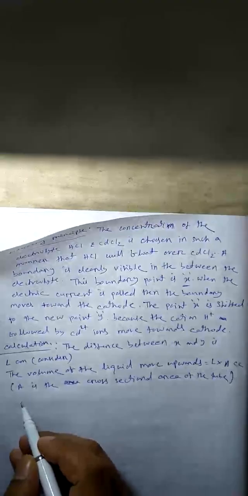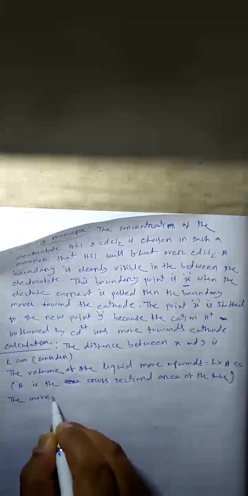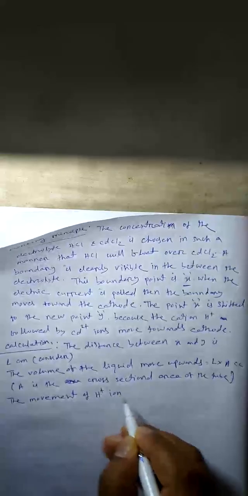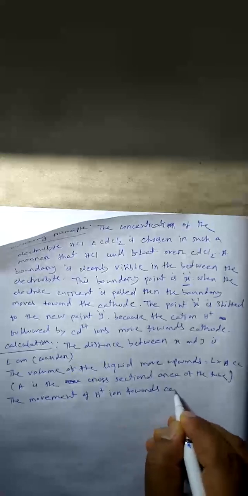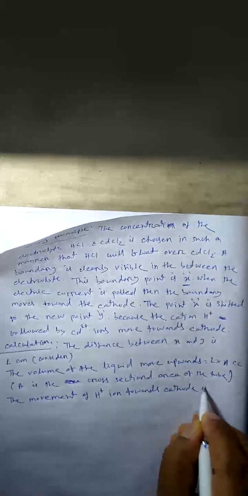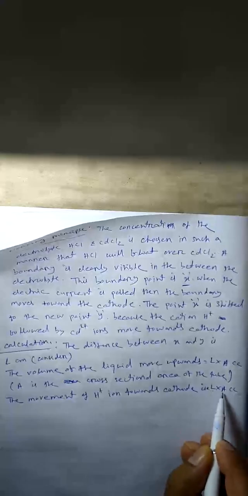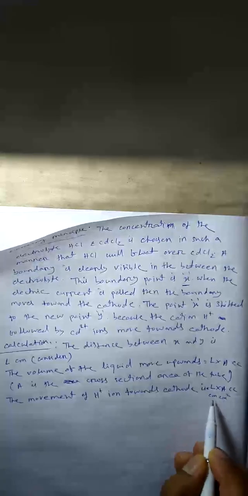Volume of the liquid moved means it is the movement of the hydrogen ion. The movement of the H plus ion towards the cathode is L into A cc. Cc means cubic centimeter, because we take L in centimeter and A in centimeter square, which becomes centimeter cube.